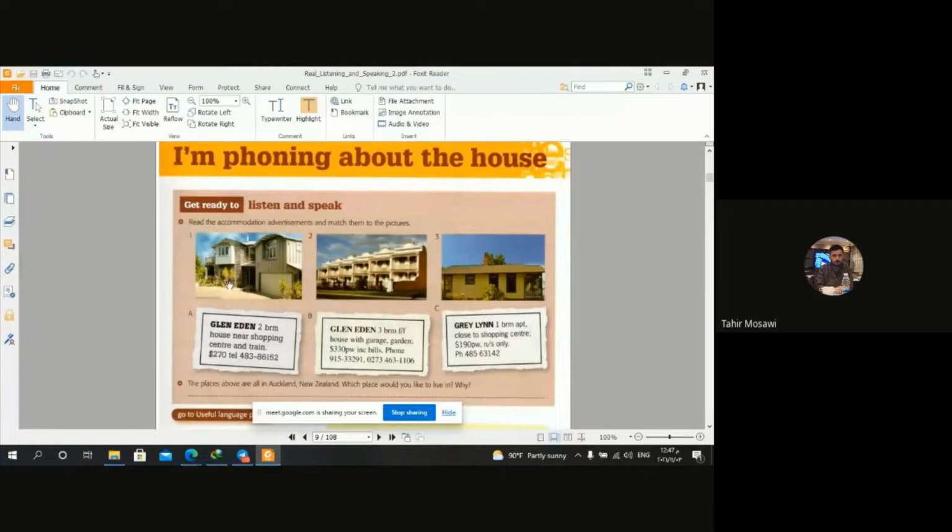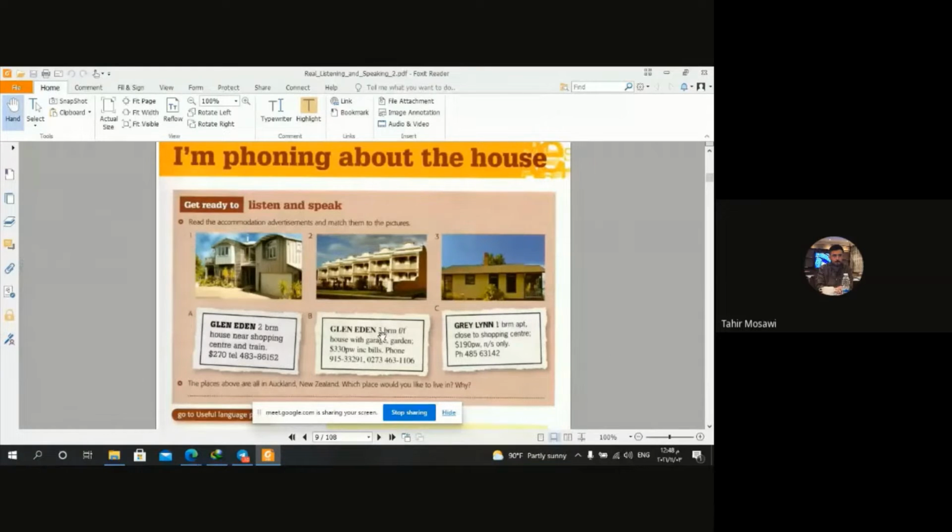Here it gives us 3 pictures and 3 advertisements, and wants us to match the advertisements and the pictures. We have here a 2-bedroom house near a shopping center and train, and it costs $270, and the telephone is as mentioned here.